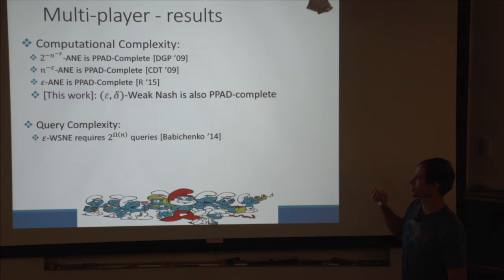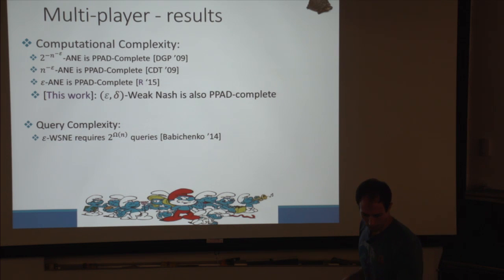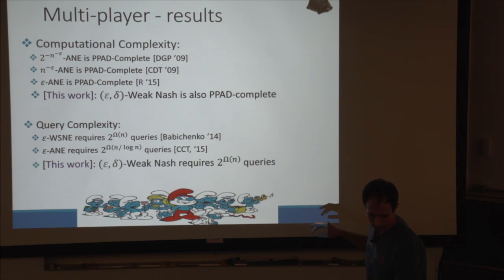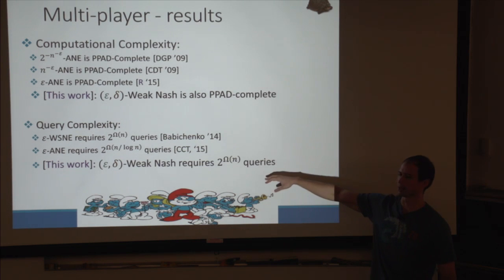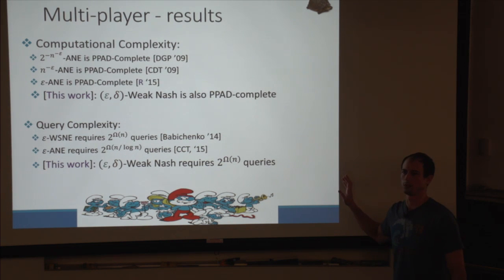And in this work, we show that even epsilon delta weak Nash, the most relaxed notion, is also computationally hard. There are also some results about query complexity, but these are all subsumed by the communication complexity that we saw yesterday.